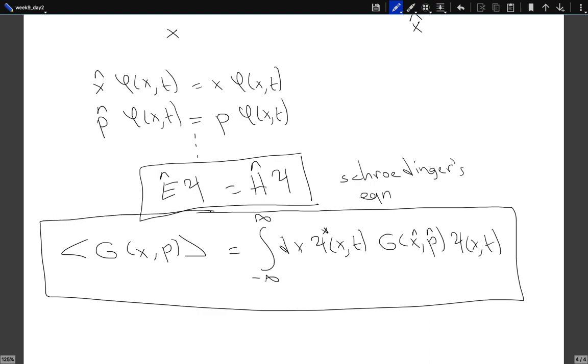This is valid for any operator that you like. For a classical concept, if you want to predict its average value, find the wave function, replace the classical quantities by the operators, put them between the conjugate and the wave function itself, integrate, and that gives you the average.